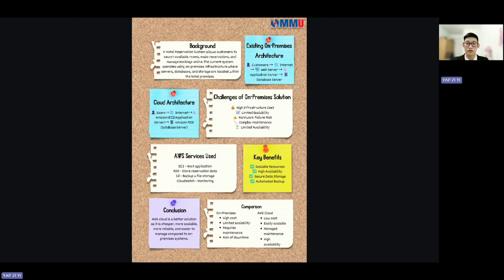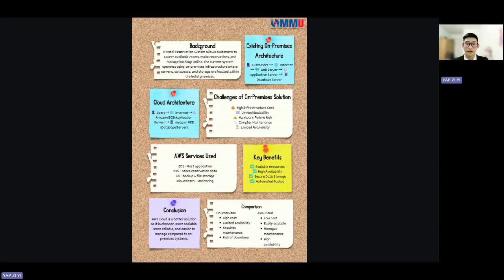The system also requires complex maintenance. The hotel's IT team must regularly perform software updates, security patching, system monitoring, troubleshooting, and backup management. These tasks require technical expertise and consume a considerable amount of time and resources.